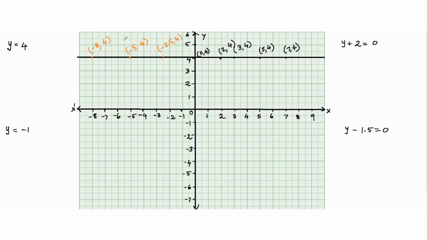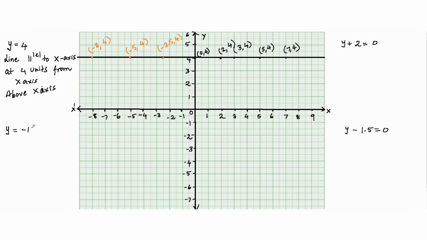So you will notice that y equals 4 is basically a line that is parallel to the x-axis, and it is at a distance of 4 units from the x-axis, right? The distance is 4 units above the x-axis, and this line is therefore above the x-axis.